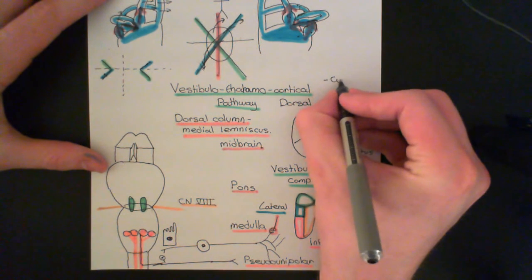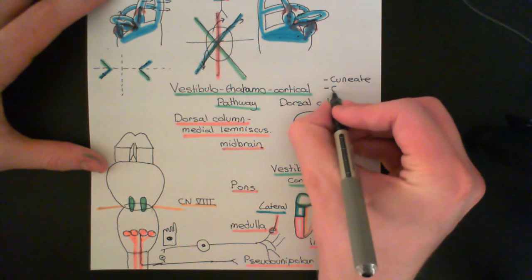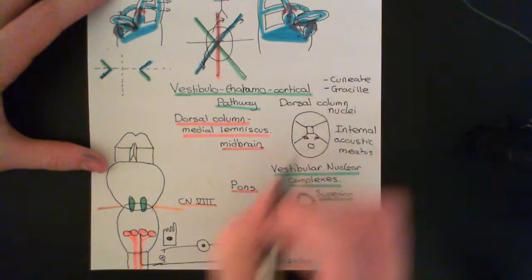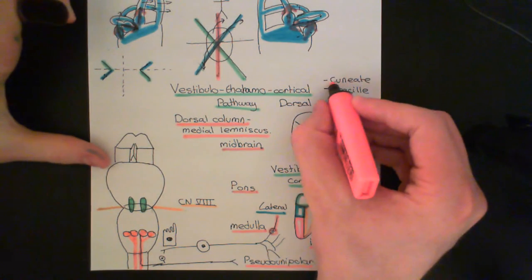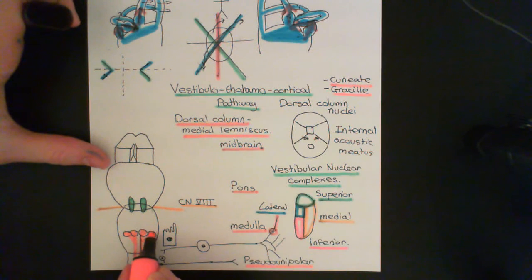I'll just add here that one is the cuneate nucleus, and the other is the gracile nucleus. The cuneate nucleus, I believe, is the one on the lateral aspect. So I think these are the two cuneate nuclei, and these are the two gracile nuclei in the center.